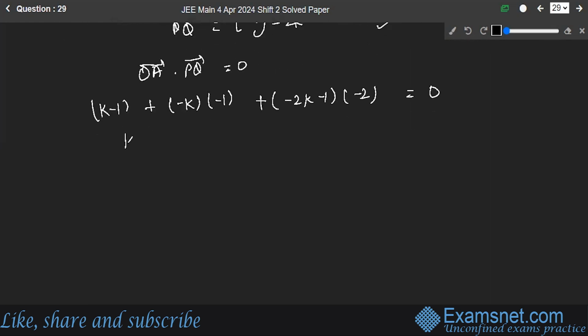So you have k minus 1 plus k, and this will be cancelled. Okay, this will be 6k plus 1 equal to 0, so k will be equal to minus 1 by 6.